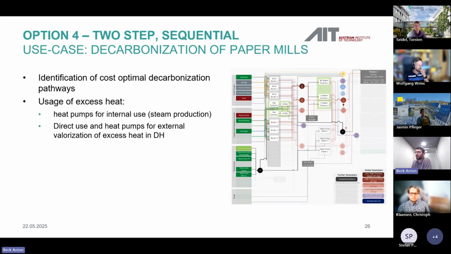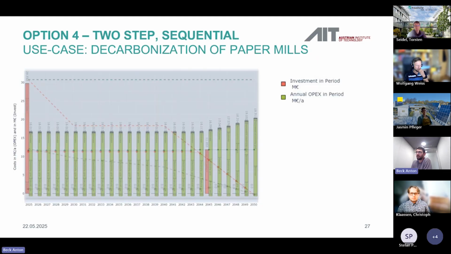So I'm just skipping ahead. This is an example of the results we got from this. So in red there is an investment taking place, and in green this is the annual operation costs, so mainly costs for energy. And in the slightly transparent view, you can see the dashed lines, which represent limits for carbon emissions.